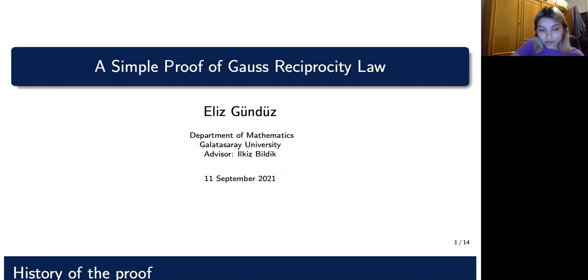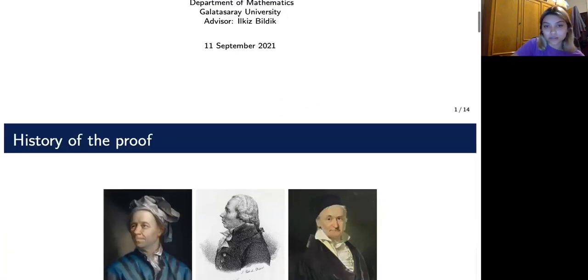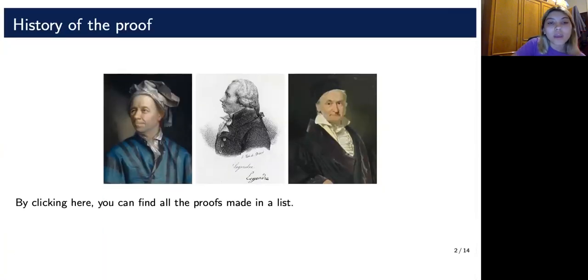Before the tools required for the theorem, I would like to talk about the historical process of the theorem. Our first picture is Euler. The quadratic reciprocity theorem was first stated by Euler, and after that Legendre formulated it in modern form.